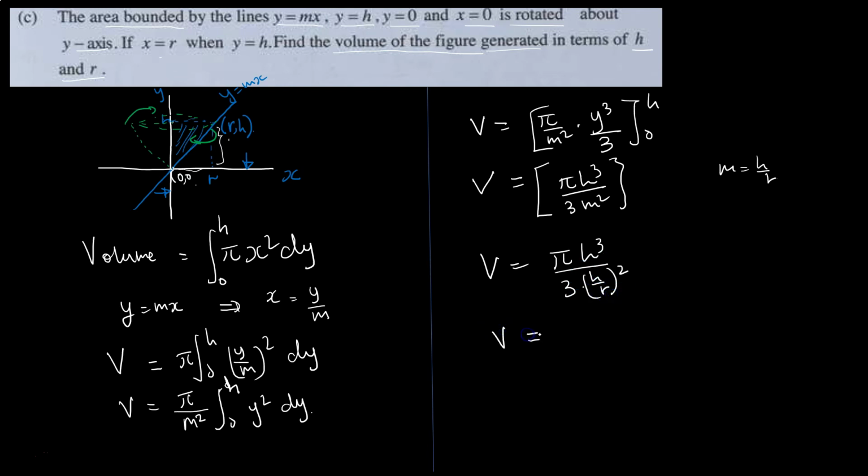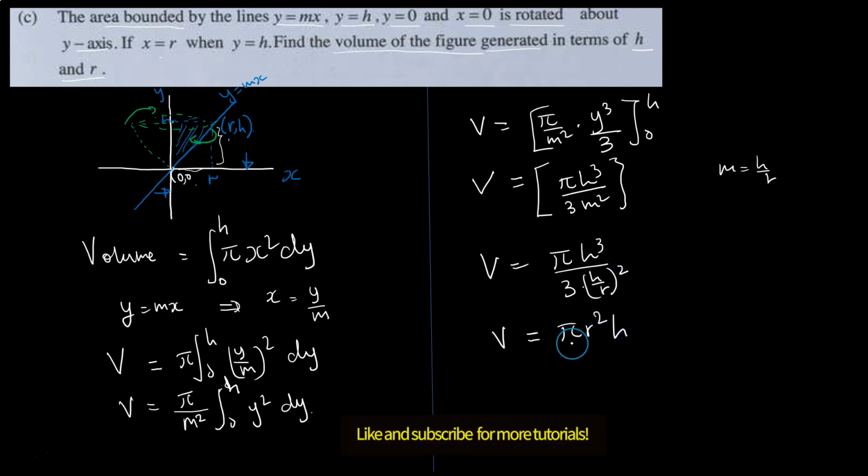If we rearrange this, we'll have r squared on top, so we got pi r squared, the h cubed, and then divide by h squared, you'll be left with h, and then you will just have 3 as a denominator, and that is your volume, in cubic units.